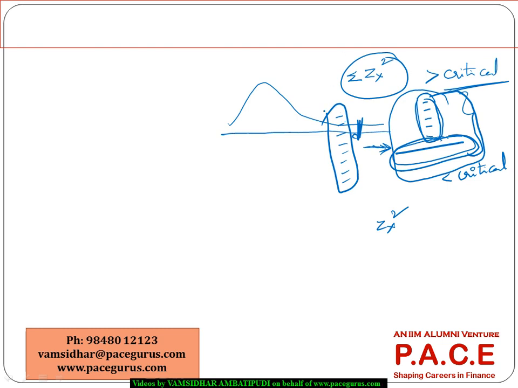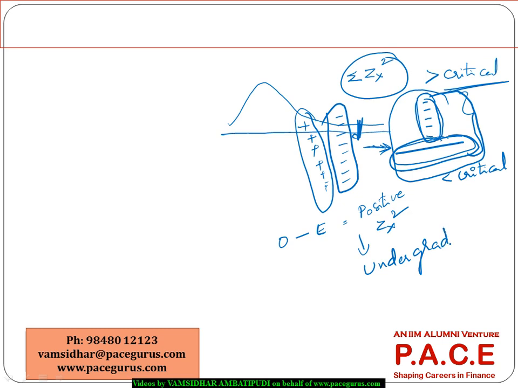So all of them may be negative or all of them may be positive, which means it's an indication that my graduated model, whatever I am using, if the observed minus the expected are all positive, then it means the graduated model is undergraduated, because the actual deaths are more than what are being estimated.